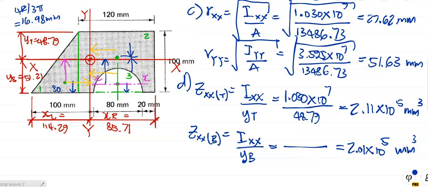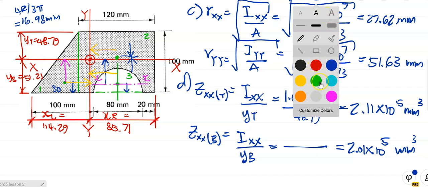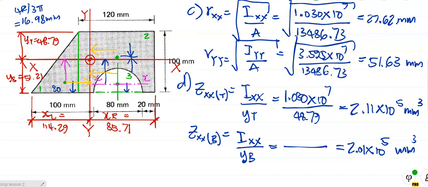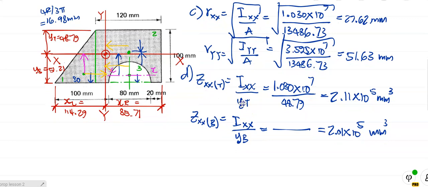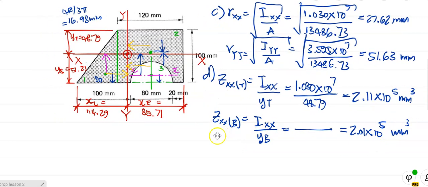Right, so I'm going to squeeze the other bits inside here. Let me do that. Right, so let me just do this quickly here. Okay, so I'm going to say ZYY, and more specifically to do with X left, so it's equal to IYY over X left.